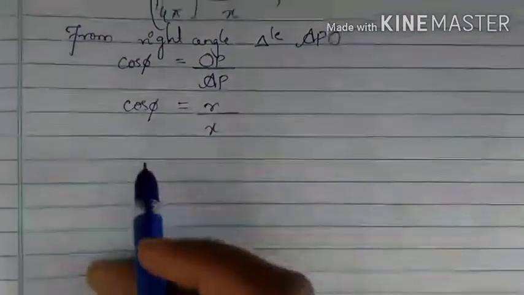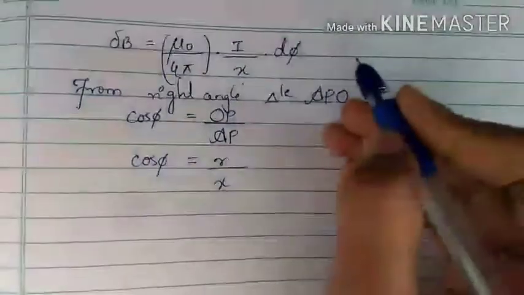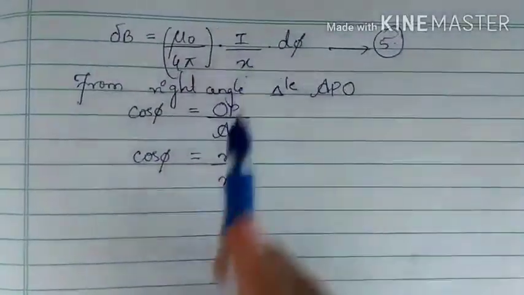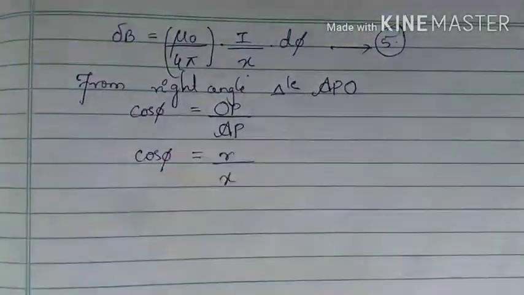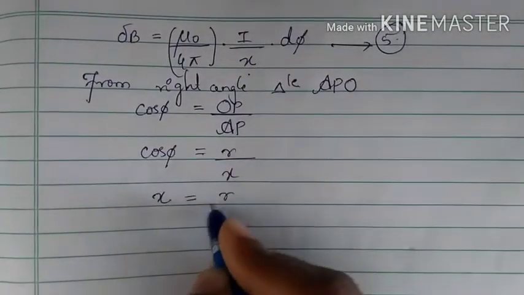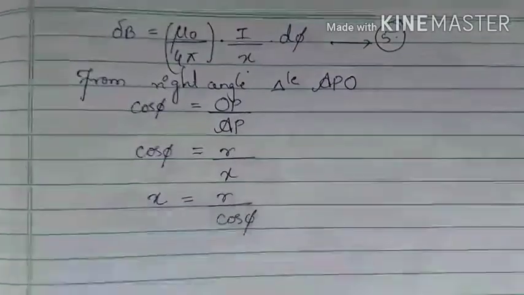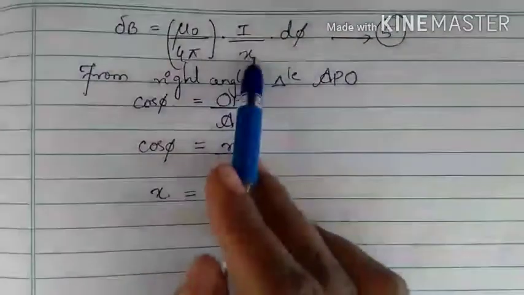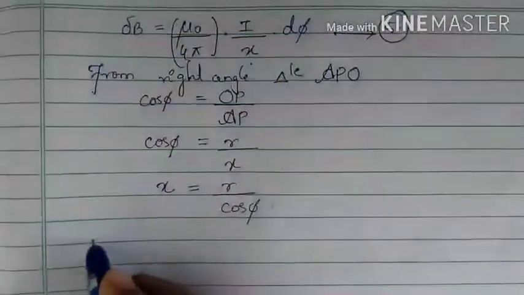Now here we have X in the above equation, let us call this equation number 5. So convert this expression in the form of x. So x is equal to R by cos phi. Substitute this value of x in this equation, then what you will get?